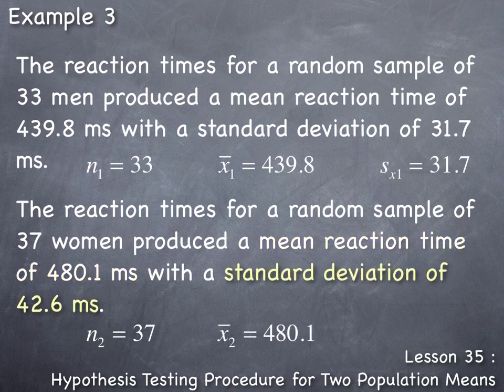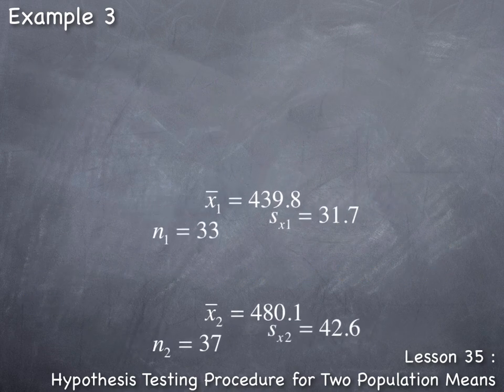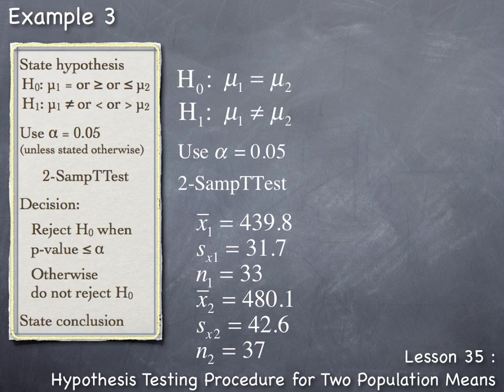With a standard deviation of 42.6 milliseconds, that tells us that our standard deviation for the second sample, Sx2, equals 42.6. Thus, we have our sample statistics that we can use to enter into the TI-84 calculator. Notice here, both n1 equals 33 and n2 equals 37 are sufficiently large.